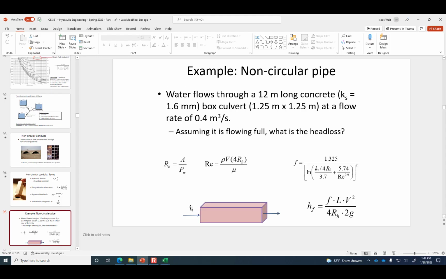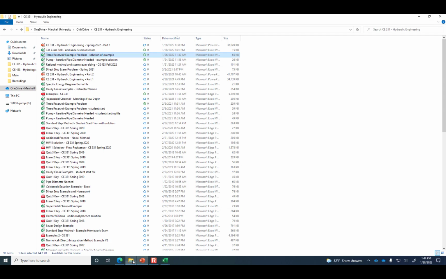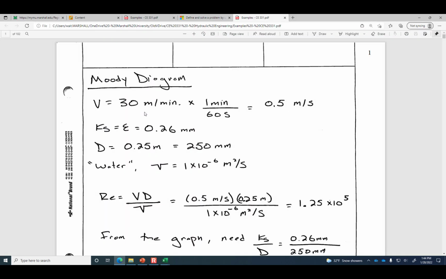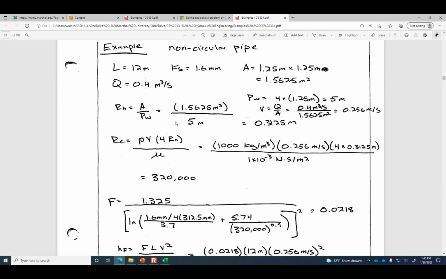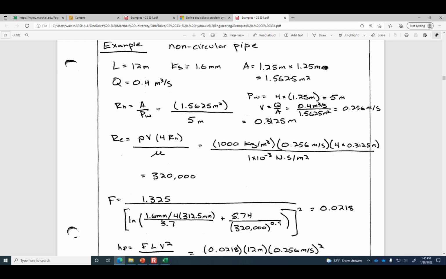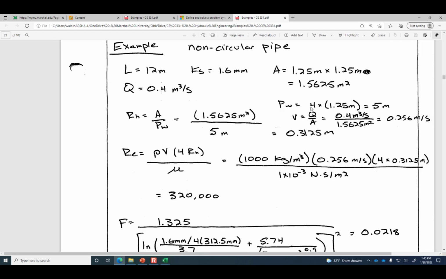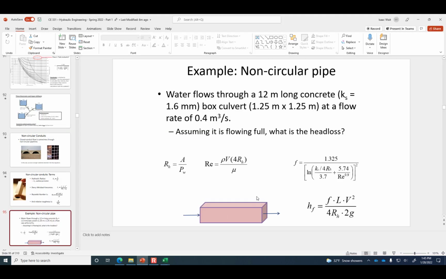Let me just pull up the solution and show you the substitutions that would be used. Here it is. Okay, so you can see that we calculate the area, and with that area and the wetted perimeter for a non-circular conduit, let me just write this up on the board. The wetted perimeter is the distance all the way around.